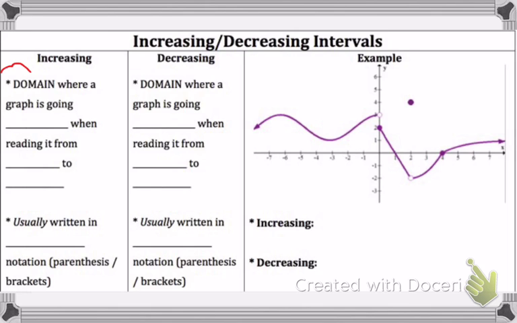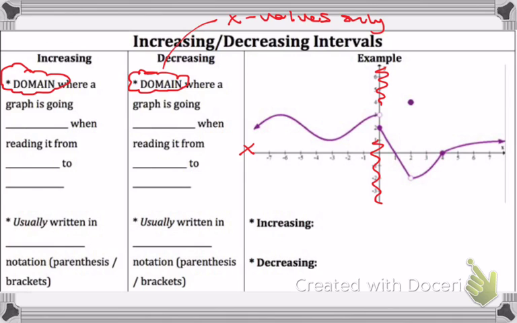Notice the answers are going to be written as a domain, similar to the notes we did yesterday. This is where we are only concerned about the x values. Only. We don't care about the y. So we can scratch that out just like we did when we were practicing domain and range today.